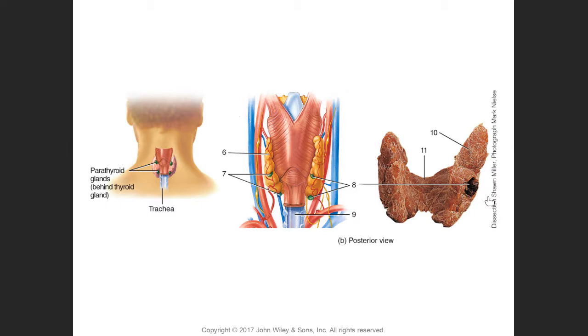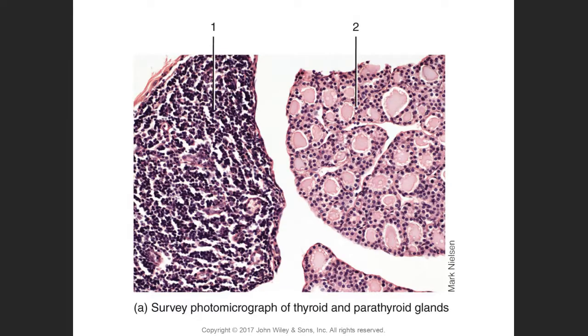When you want to work on the histology of thyroid and parathyroid, you see something like this. Our thyroid gland has many follicles. These structures are called follicles. The follicles are composed of follicular cells.